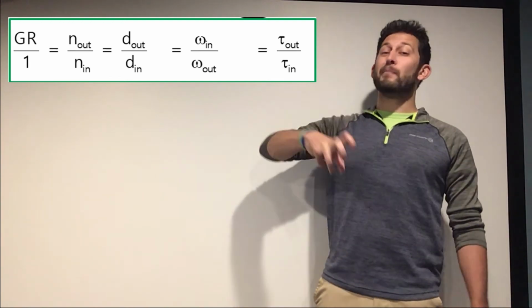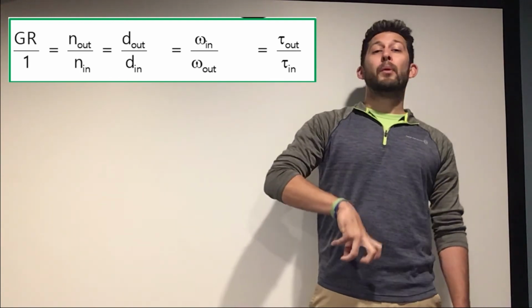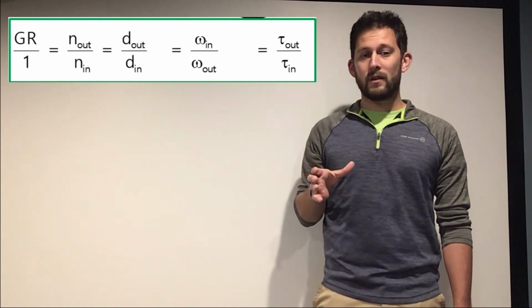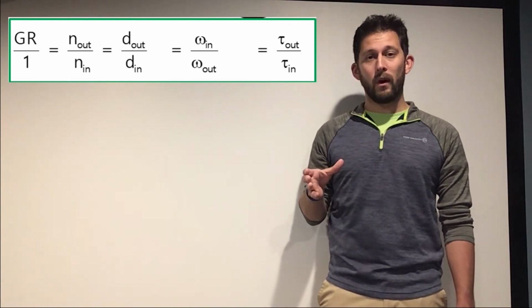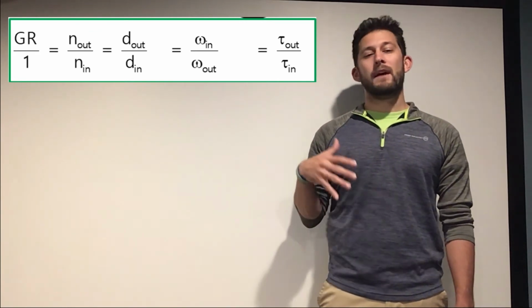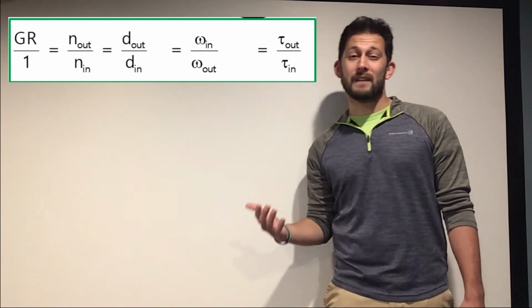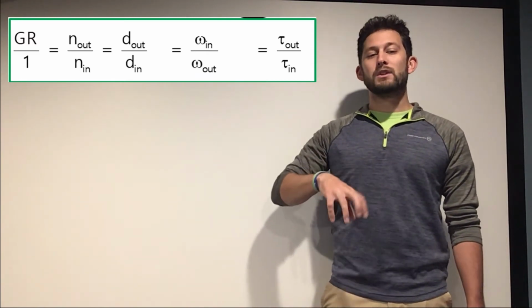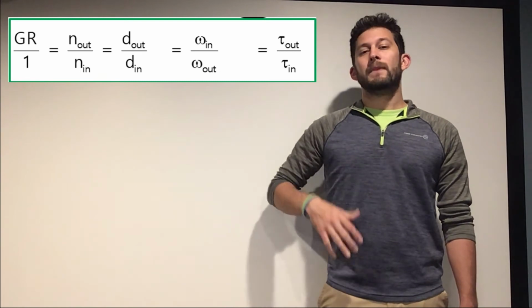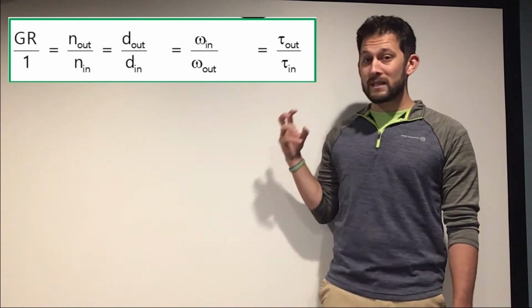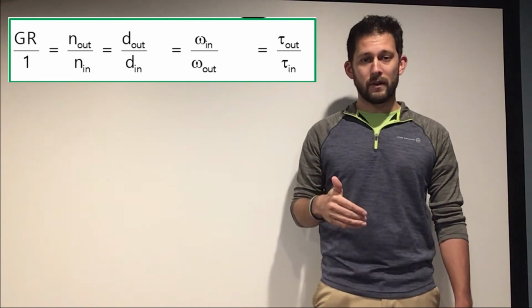What I can do is pull gear ratio and angular velocity out of that equation, and set them equal to each other to calculate the value that I'm looking for. Now, maybe I have another equation where I don't have gear ratio, I don't have angular velocity, but I do have a lot of diameter information and tooth information. I could set an equation to have our teeth equal to the diameter ratio. So we can pick apart any piece of this equation and set it equal to each other, which makes our job a lot easier.